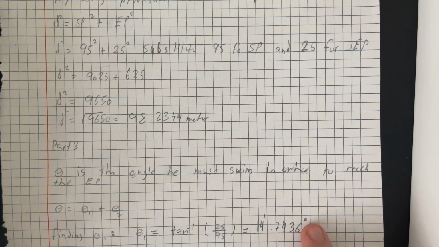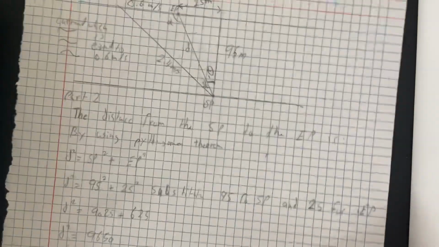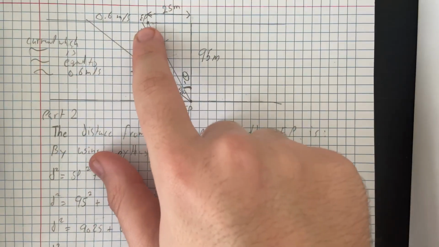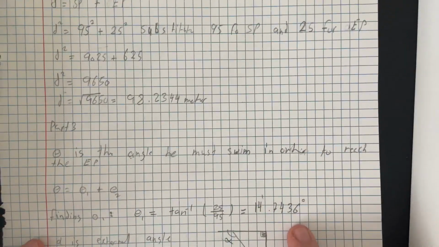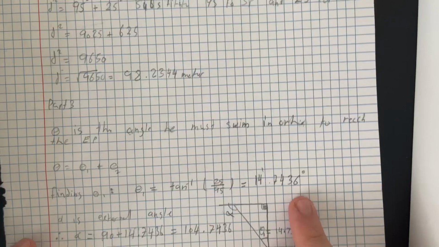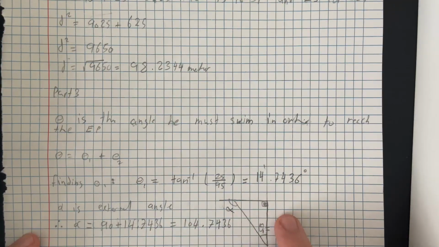Now, I'm going to find the external angle, which I'll call alpha, as you can see here. To find that, I'm going to do 90 plus 14.7436, which is equal to 104.7436.